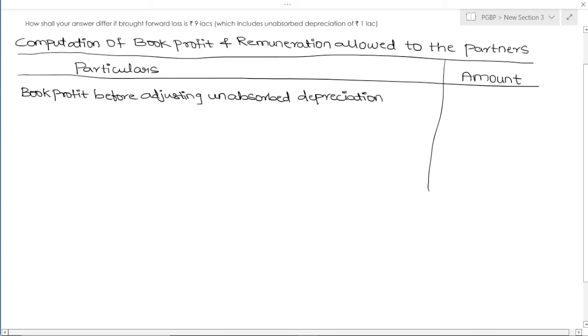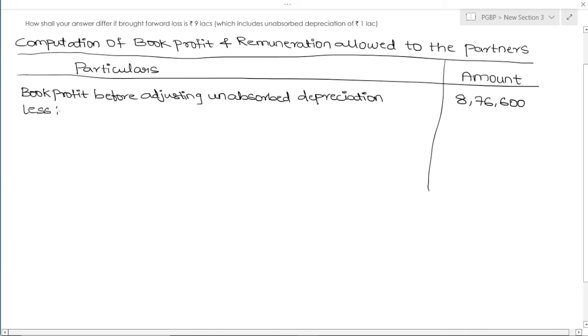How much? 8 lakhs 76,600. Now let's write down less unabsorbed depreciation.